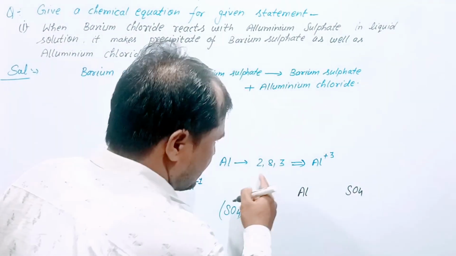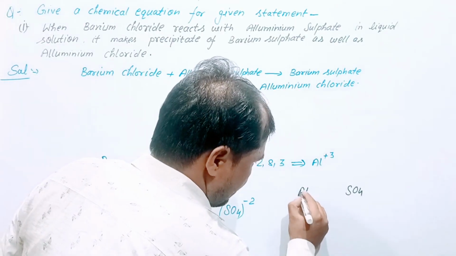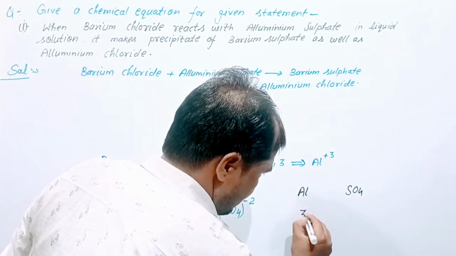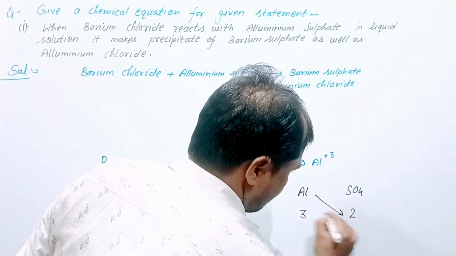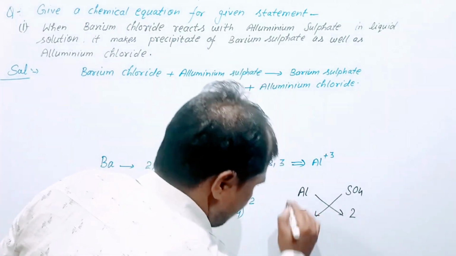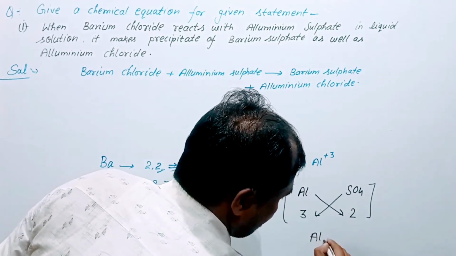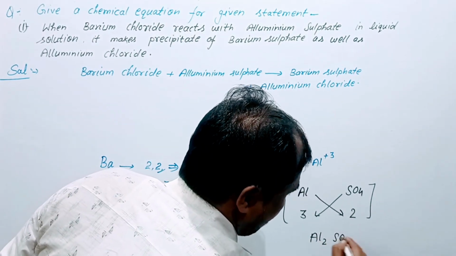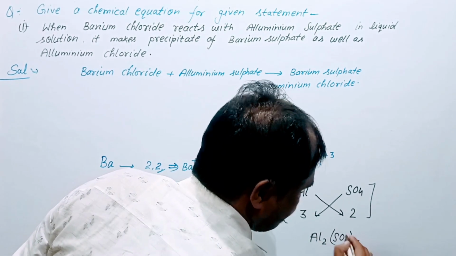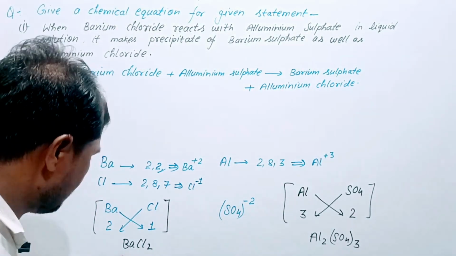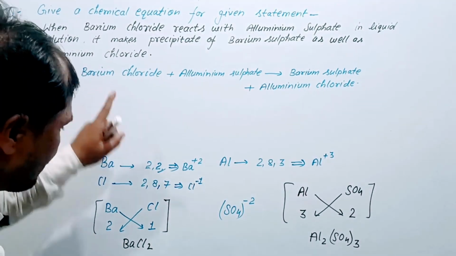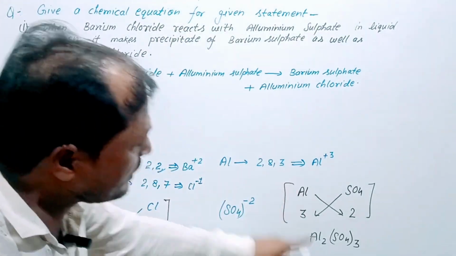Now write the valency of aluminum down: aluminum 3, sulfate 2. By this process, the compound symbol will be Al2(SO4)3. It is the symbol of barium chloride and aluminum sulfate.